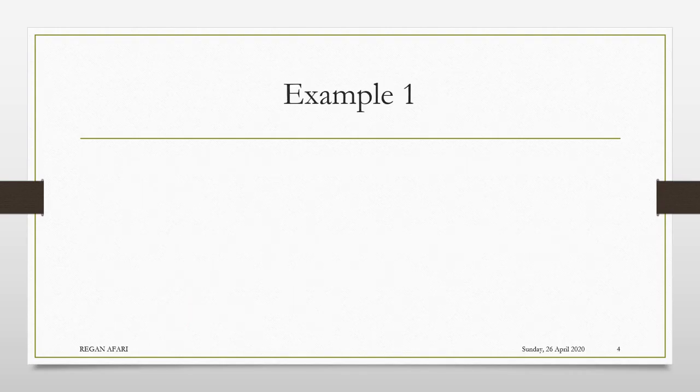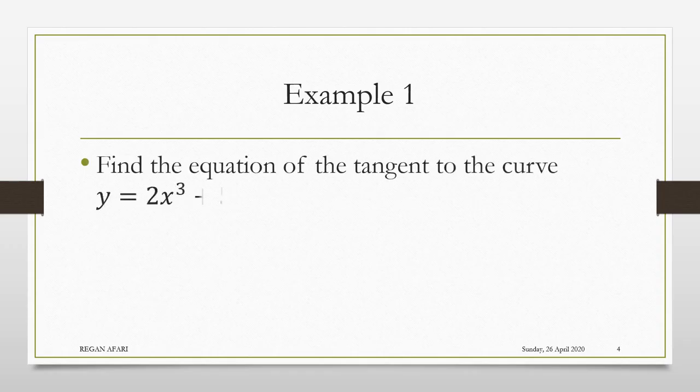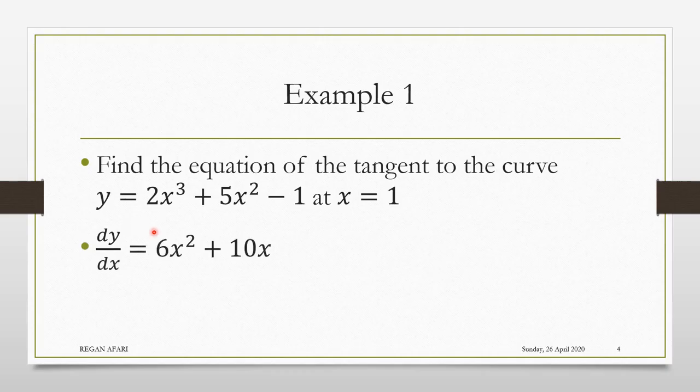Okay, so let's start with the first example. We are to find the equation of the tangent to this curve at this point. The first thing we do is to differentiate the curve. So dy dx will give us 6x squared plus 10x.